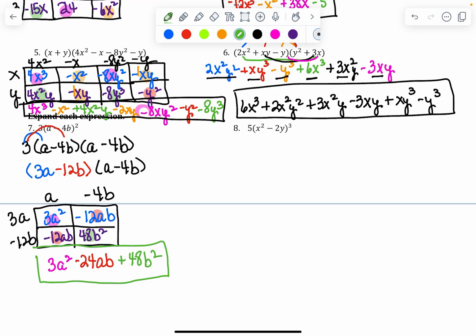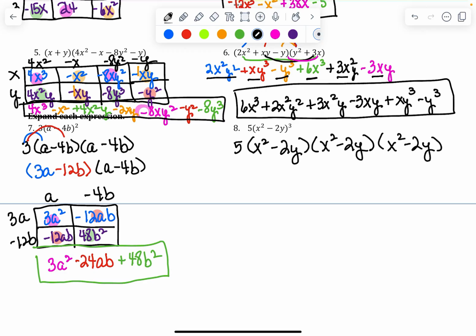Okay, this one's awful. This one says 5 times x squared minus 2y. And then this one would be x squared minus 2y. And this one would be x squared minus 2y. That is awful.